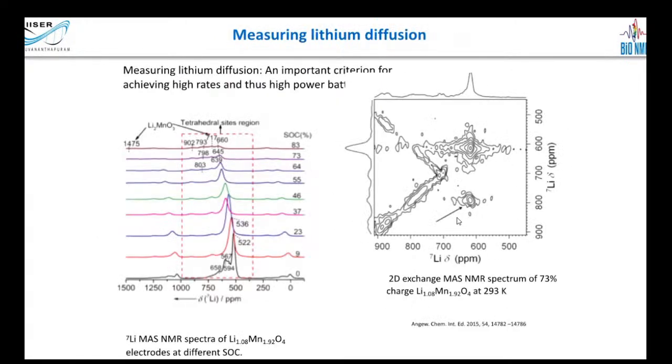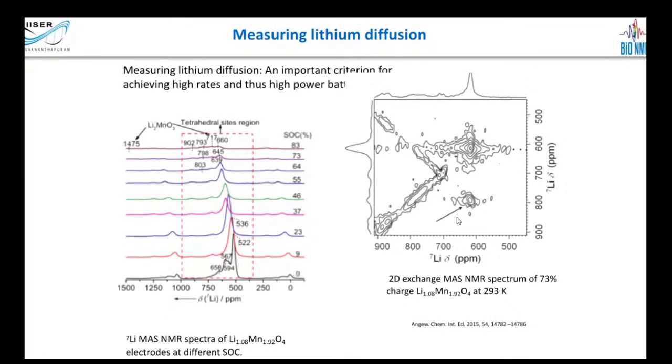For example, here is an example of lithium MAS NMR of an electrode material, lithium manganese oxide electrodes at different states of charge. That means you have 0 charge, 500 charge, 1000 charge.